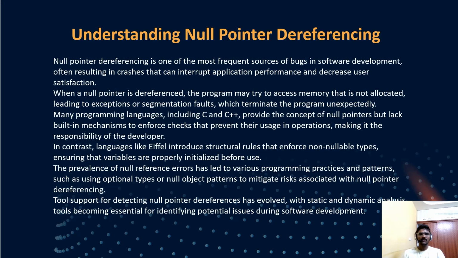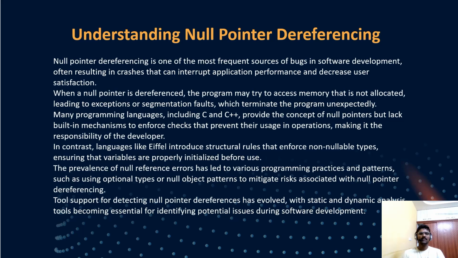Null pointer dereferencing is one of the most frequent sources of bugs in software development, often resulting in crashes that can interrupt application performance and decrease user satisfaction. When a null pointer is dereferenced, the program may try to access memory that is not allocated, leading to exceptions which terminate the program unexpectedly.